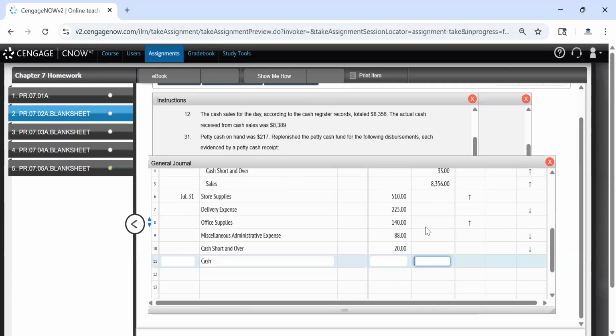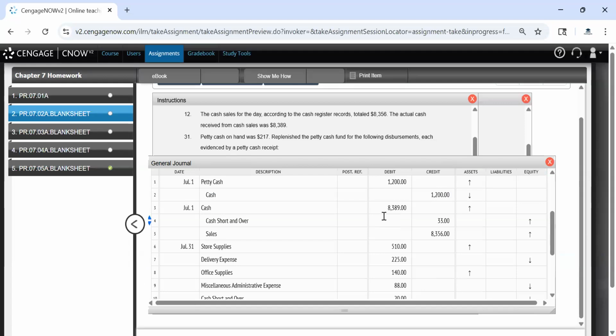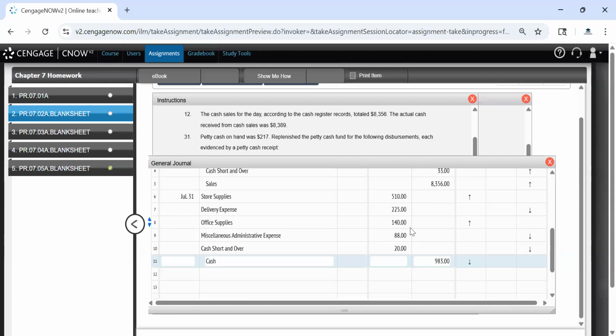And so to replenish the petty cash fund back to $1,200, we need to reduce our cash by $983 because that balances out this. And also 1,200 minus 217 is $983. And so that's the amount of cash that was used up in the petty cash fund, and we have to replenish our petty cash with that amount.